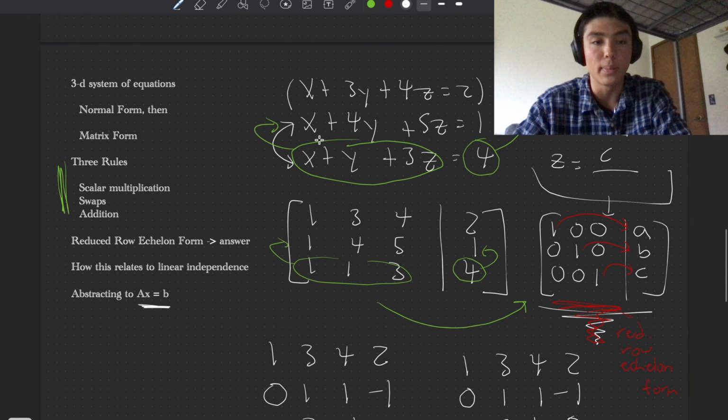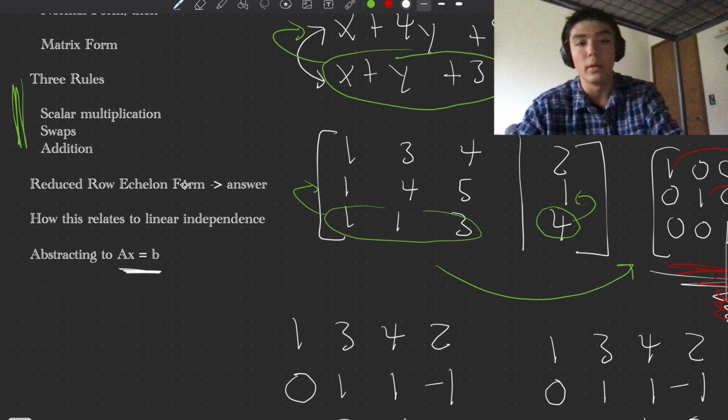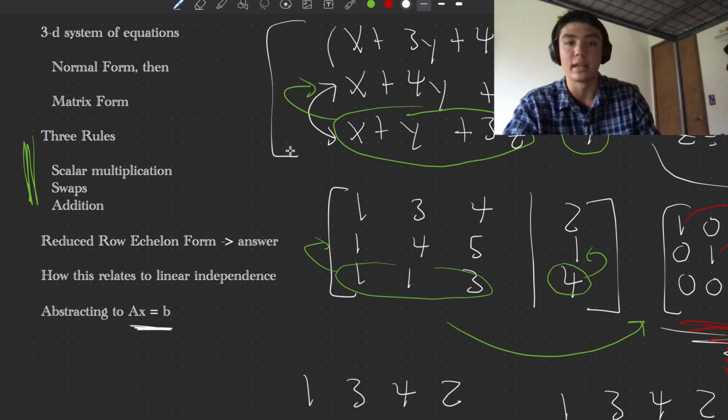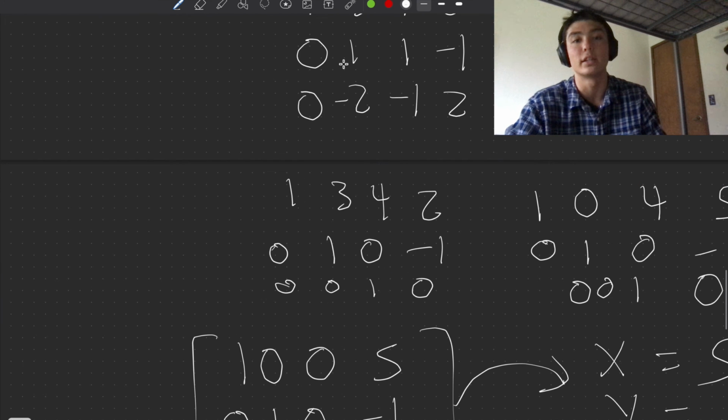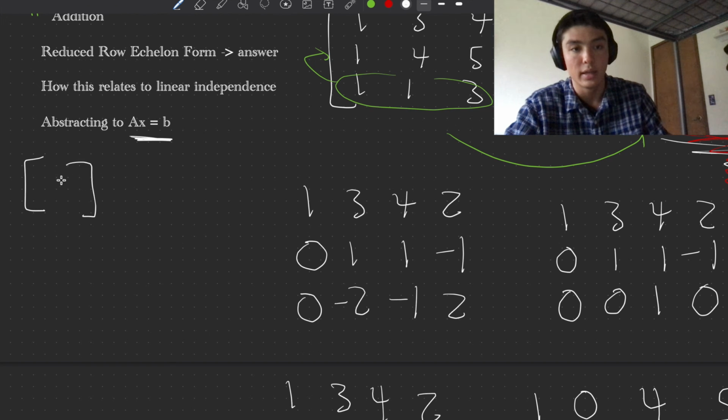Let's finish up with what did I mean by AX equals B? Well, there's actually a way to write this as a complete matrix vector operation where you have a matrix A with all of our coefficients. You have a vector X, that's this X right here.